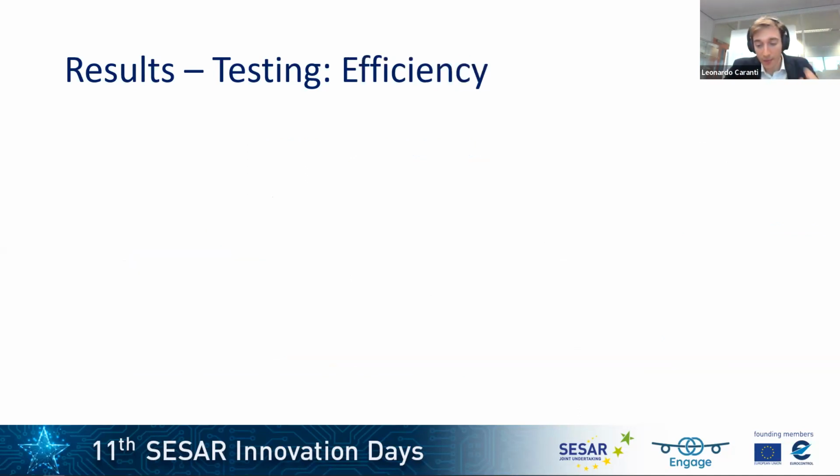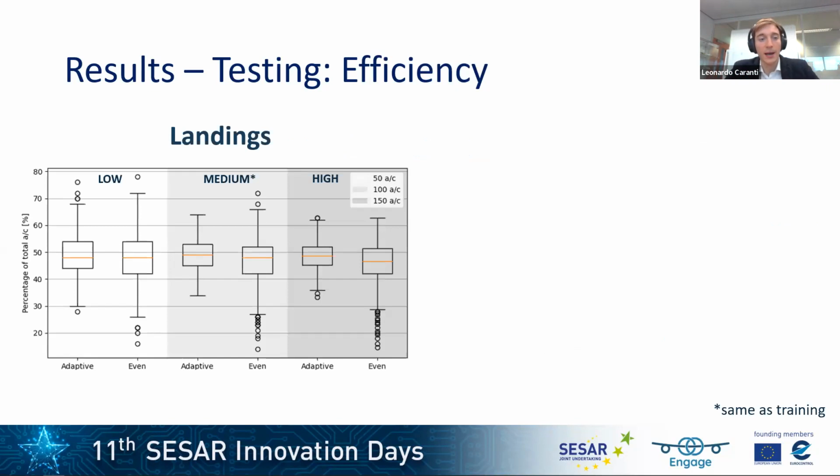Another parameter which was evaluated, another performance indicator which was looked at, was efficiency. One of the performance indicators within efficiency was the number of landings. Since the episode duration was always the same, the time to arrive at the destination scales comparably to the number of landings, so this was chosen as a performance indicator.